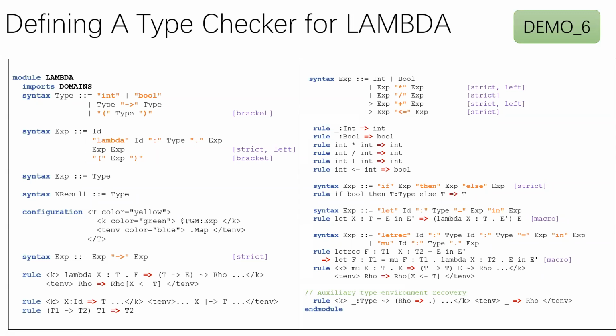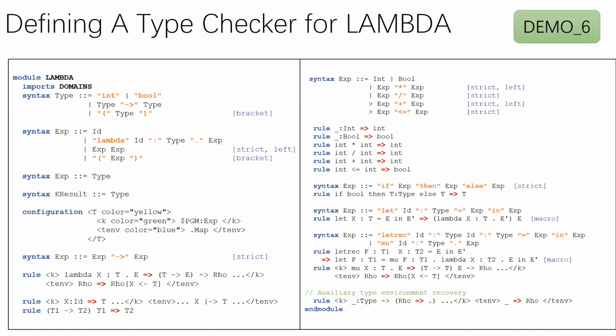Not a question, more like a comment I'd like to make here. Since we've shown such definitions of type systems in the past to various colleagues, one of the main reactions was that type systems are typically not defined this way. Type systems are typically defined in a big step-like style, where you say that in this type environment, this expression has this type, and then based on that, you define how types propagate to various language constructs.